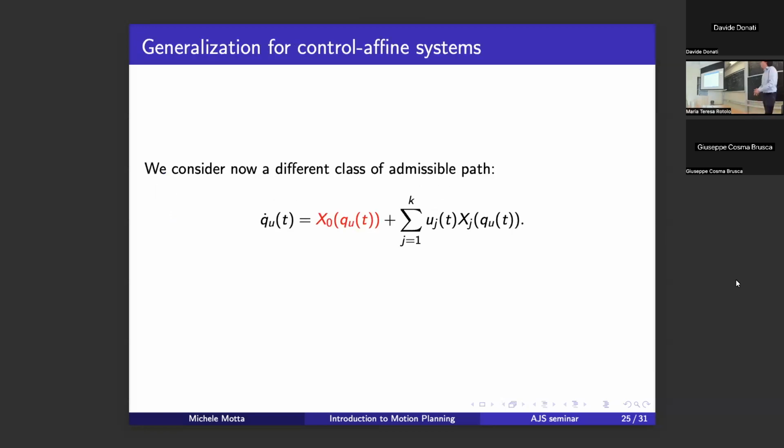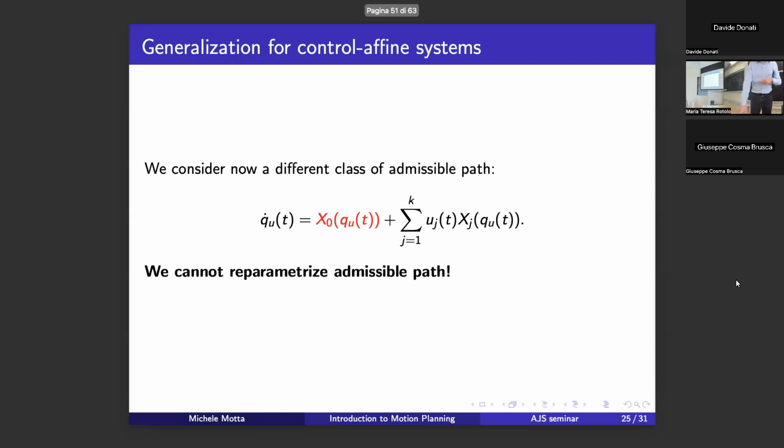So what was my original contribution, in collaboration with Dario Prandi, was to try to extend this result also to control affine systems. Now, if you want to consider a control affine system, instead of taking an admissible path that satisfies the equation without the drift, you have this drift.